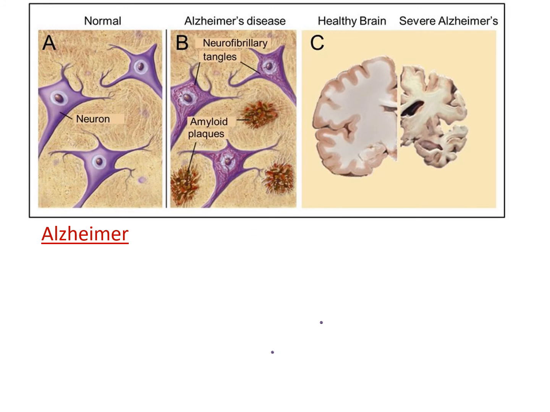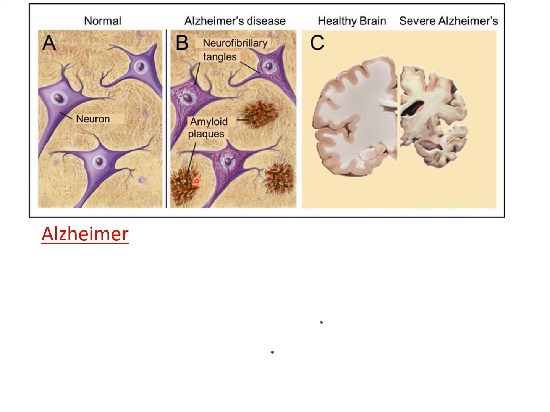So in this diagram, we again see the comparison between a healthy brain and an Alzheimer's brain. Here we can see that this one represents the normal function of the neurons in a normal brain, whereas in the B diagram we can see there are neurofibrillary tangles and amyloid plaques.